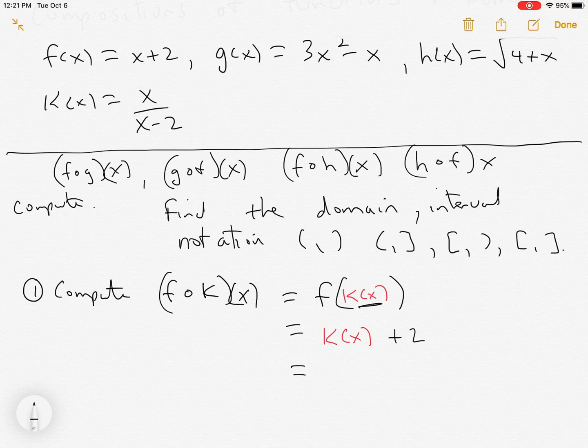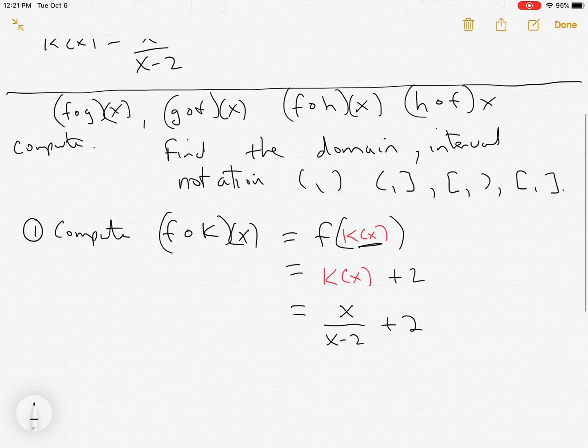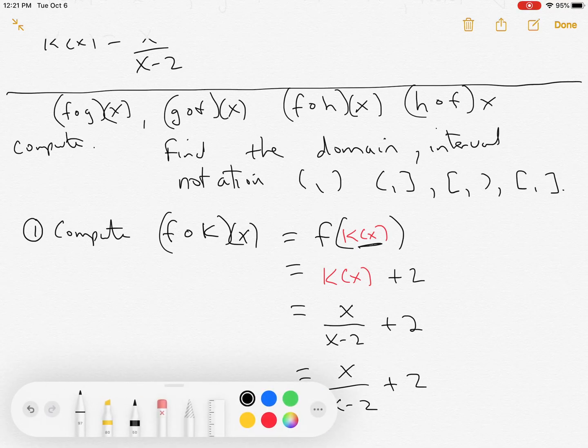And now we sub in k of x. We get x over x minus 2 plus 2. And you want to simplify this, so you need to find a common denominator. And the common denominator is, well, x minus 2.